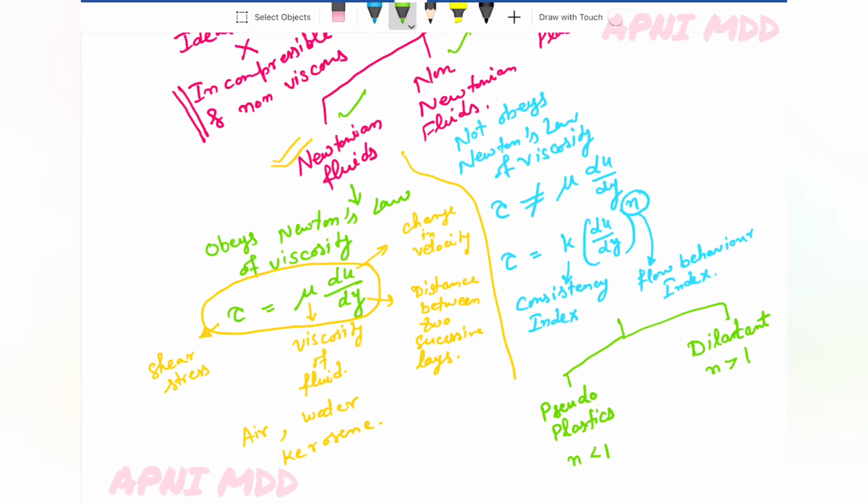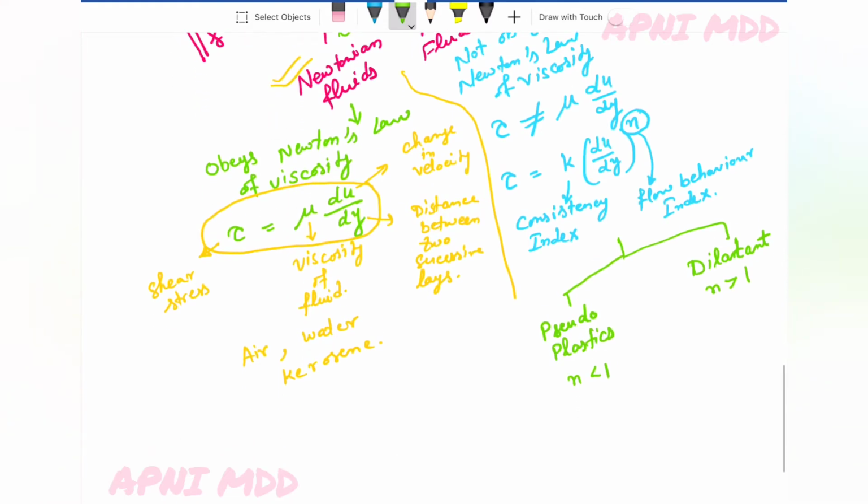So fluids which have flow behavior index n less than unity are called pseudoplastics. The examples for pseudoplastic fluids are milk and blood.